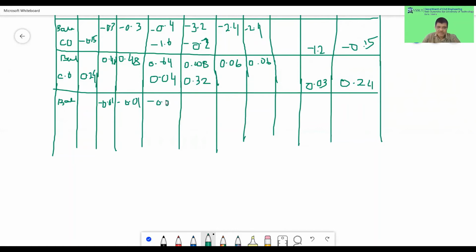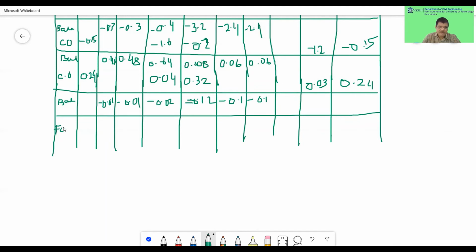These are the values. Here it is plus 0.32, we apply minus 0.32. It will be minus 0.12, minus 0.1, minus 0.1. So with this, we will stop and calculate the final moments.